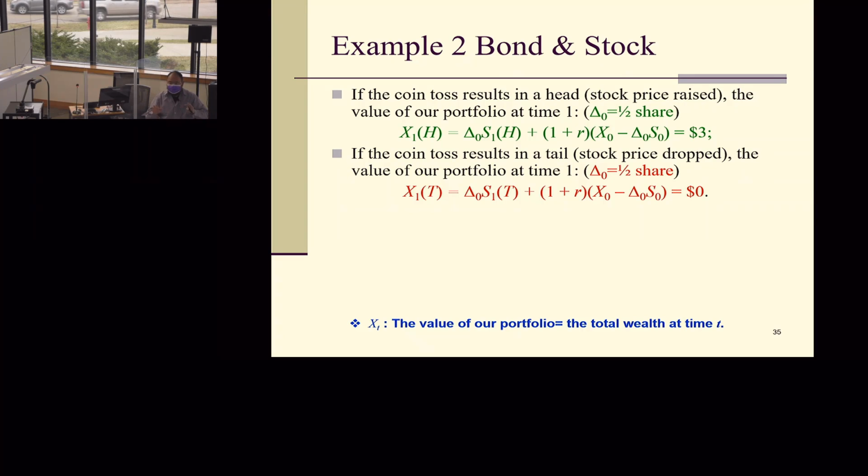But the outcome is what? No matter what, either you make $3 or you break even, for now. Understand the concept? One money market against one stock. So either you end up with $3 or you end up with $0, break even.